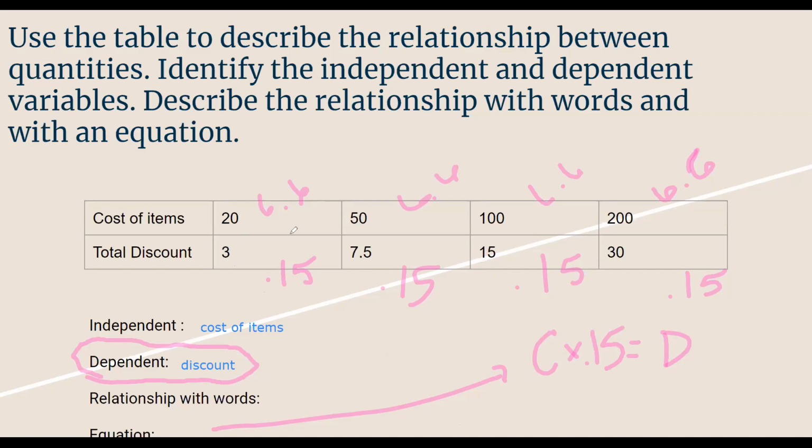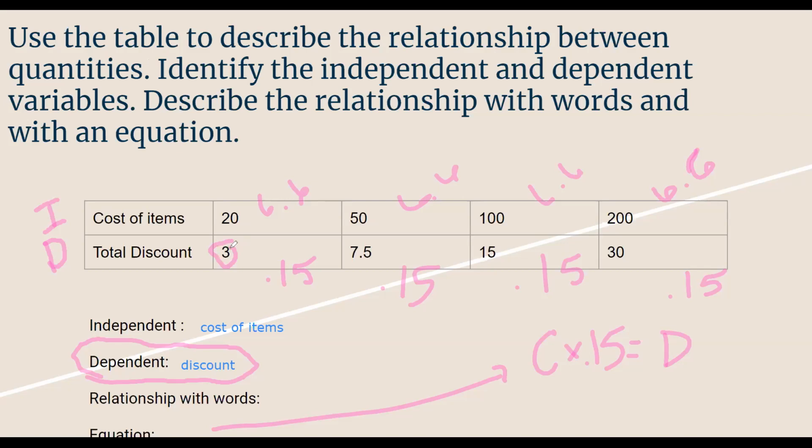Because if I go back, this was my dependent and this was my independent. So if I look back at my equation, I'm multiplying that number by the cost of the item. If I multiply 20 times 0.15, it gives me 3.